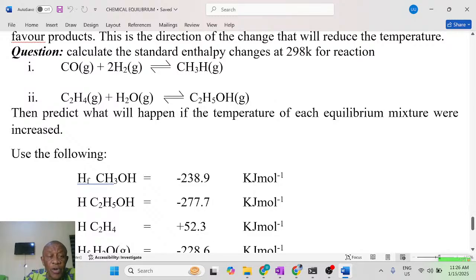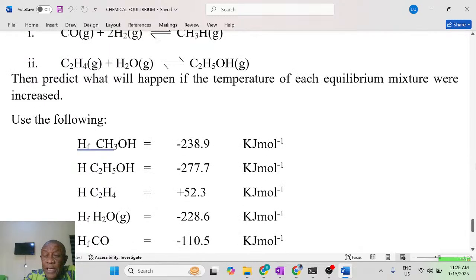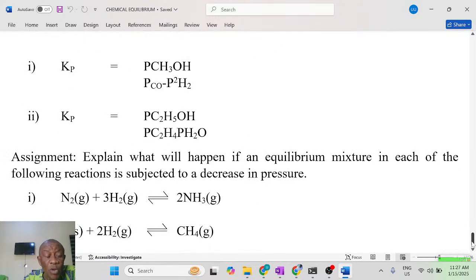In the first one, more gas is involved in the reactants than in the product. Then we can look at what happens in those reactions. It gives you an idea of what is happening.